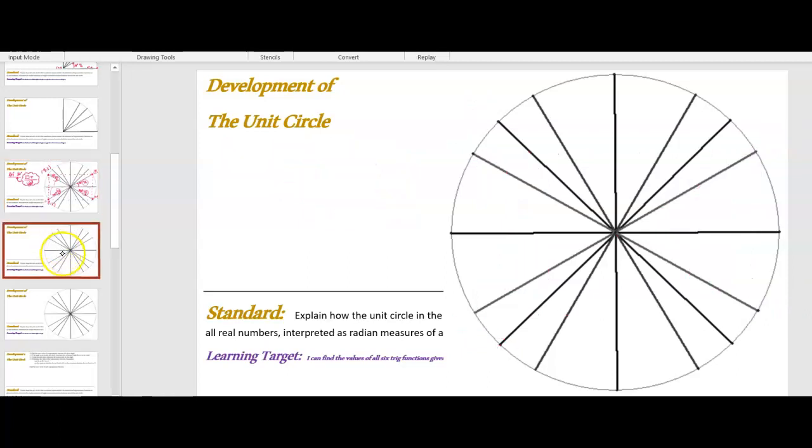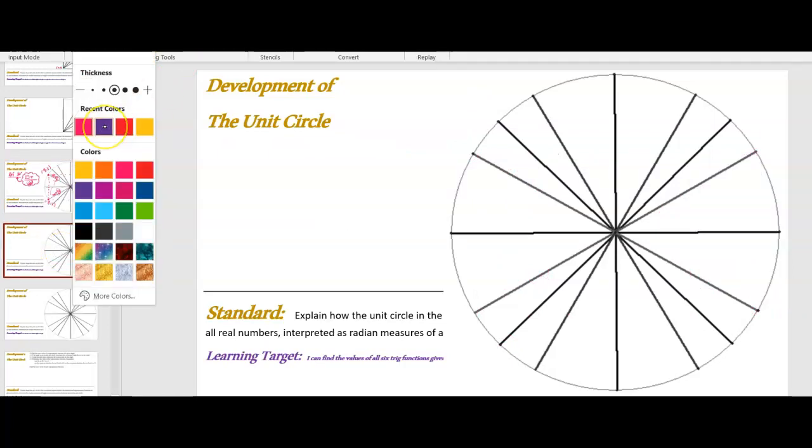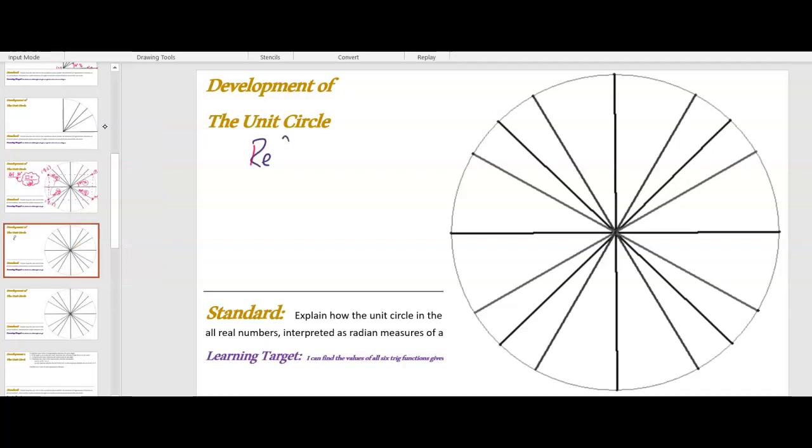Okay? Next slide. Reference of 60 degrees. Let's change the color. So reference of 60 degrees. So I've got 60 degrees. I've got 180 minus 60 degrees, which takes me to 120.